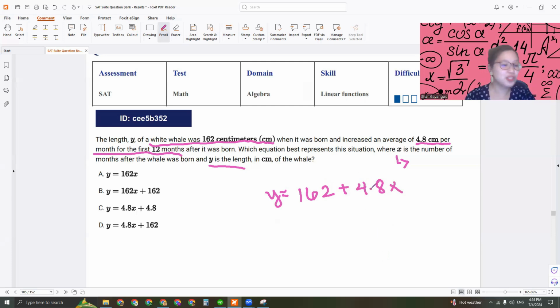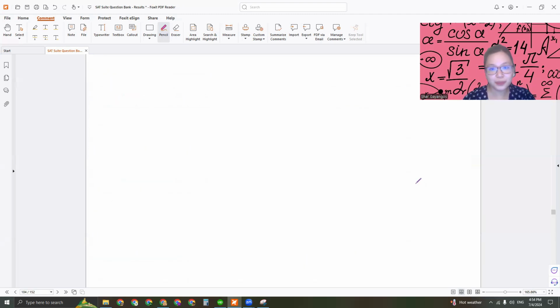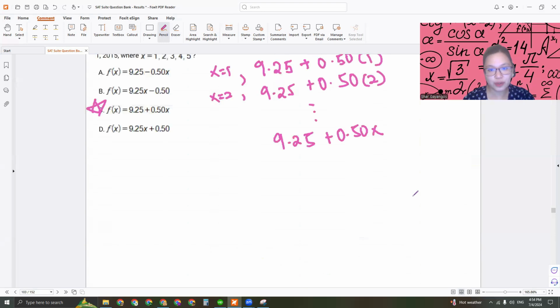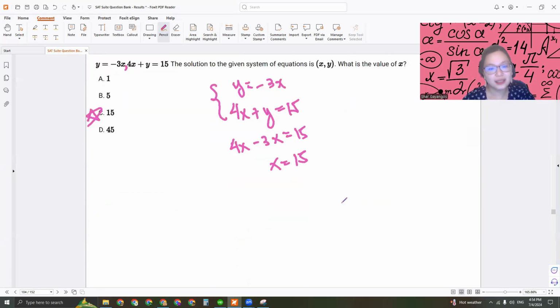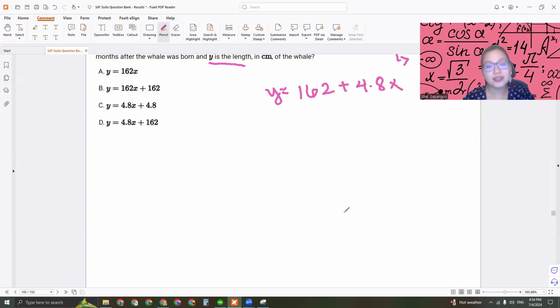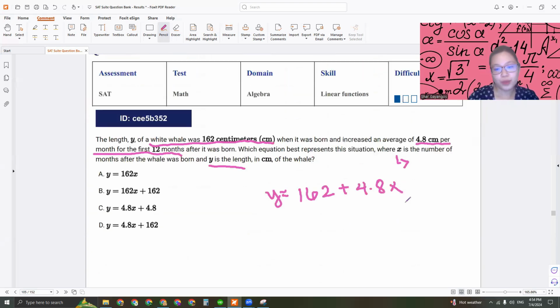And you can also just double check this by doing what we did in the previous problem. Let me just backtrack. Create an example until you understand why we end up with this equation. So we have 4.8x. So let's just rearrange because the choices here, we have this option in letter D.